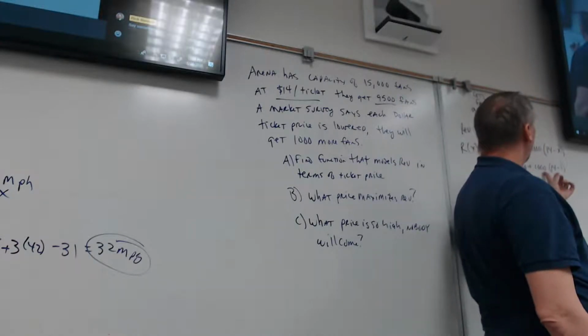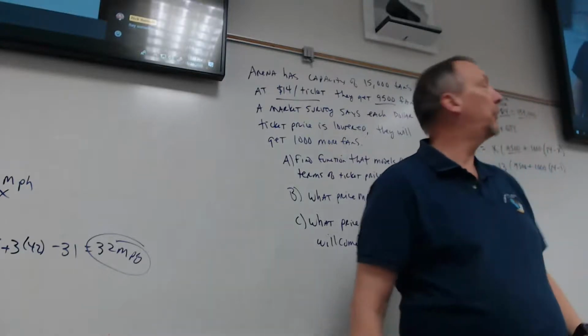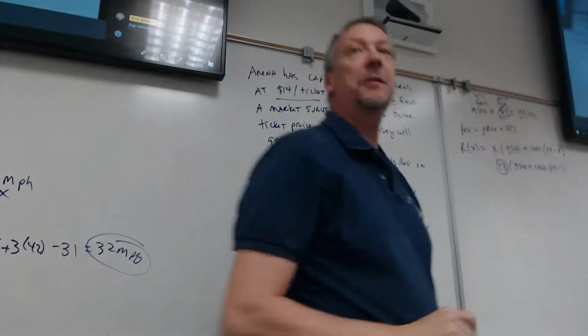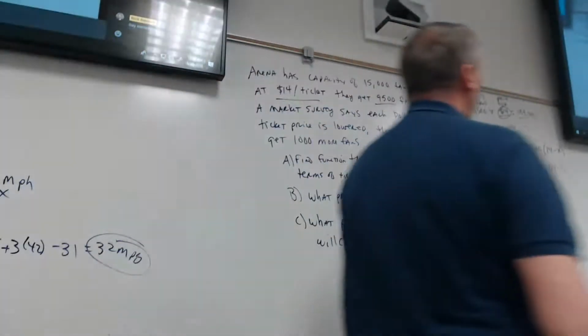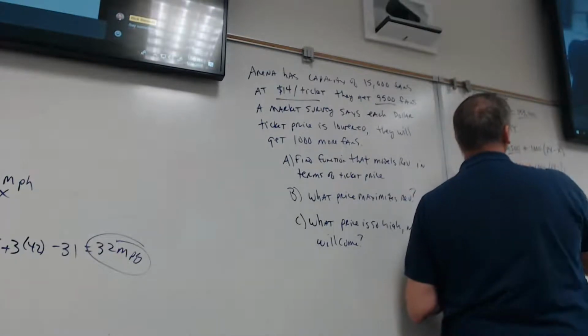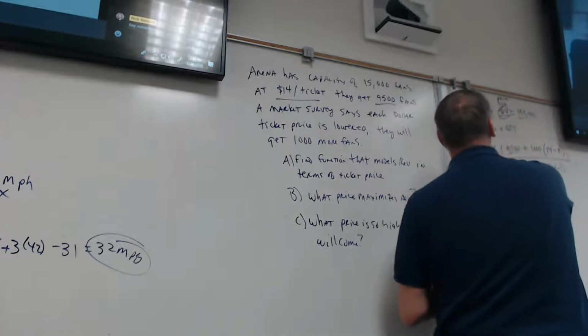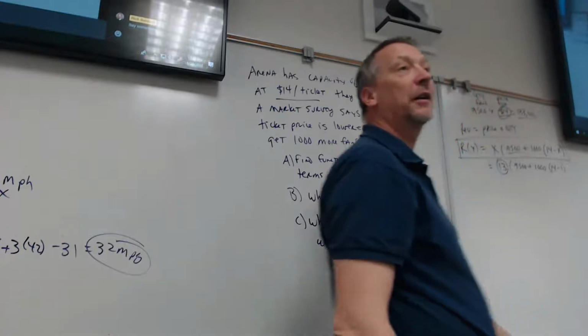So 13 plus 95 is 10,500 people if we dropped our price from $14 to $13. Does that make sense? Okay. So this looks like it's a good function, right? It's basically price times your quantity. Your quantity is just a little bit complicated, right?